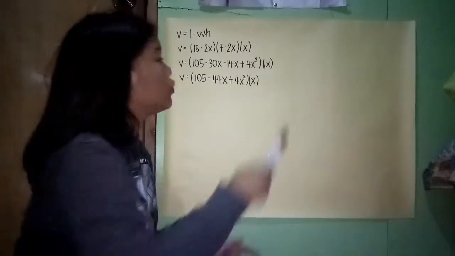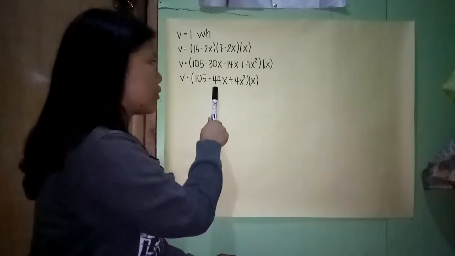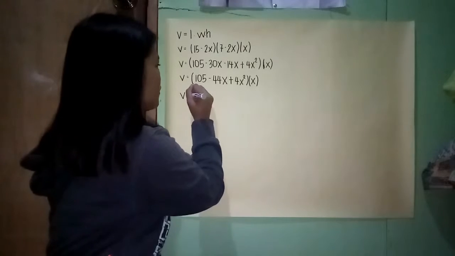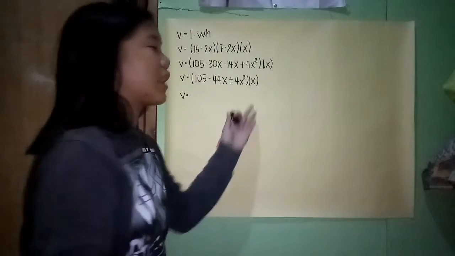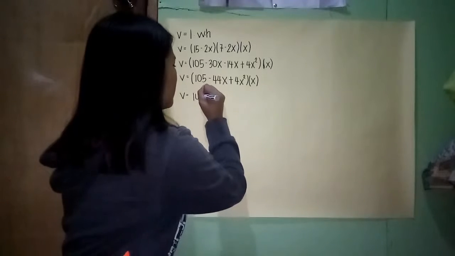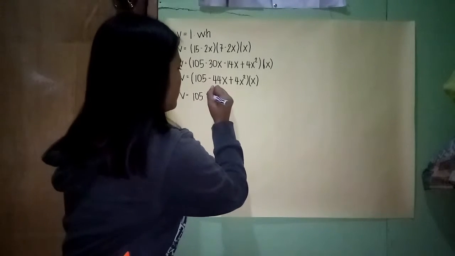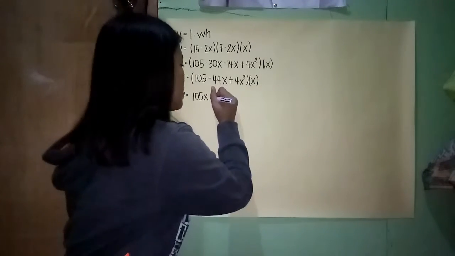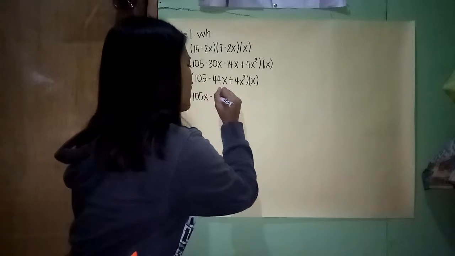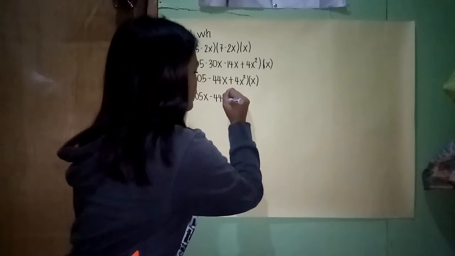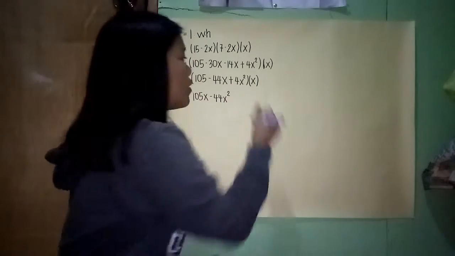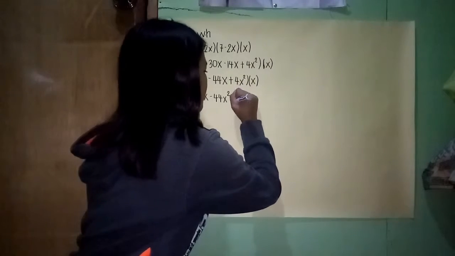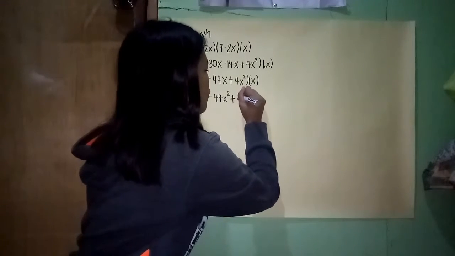So we're going to distribute x to this. 105 times x is 105x. Negative 44x times x is going to be negative 44x squared. Positive 4x squared times x will be positive 4x cubed.